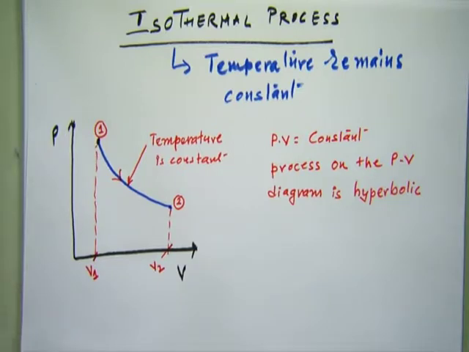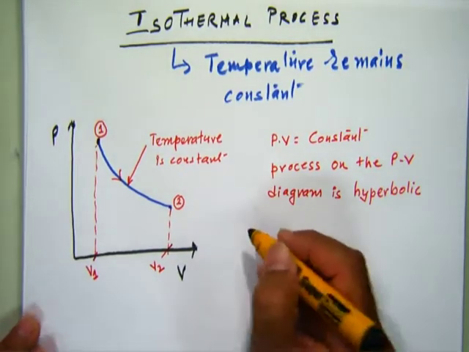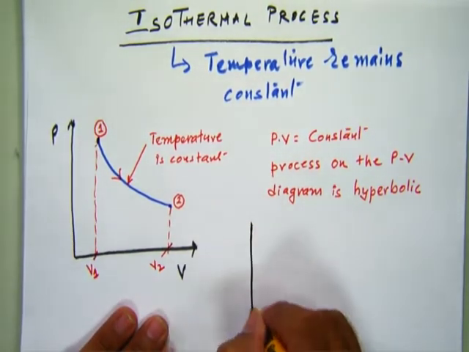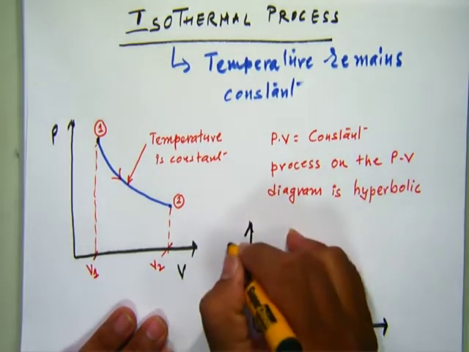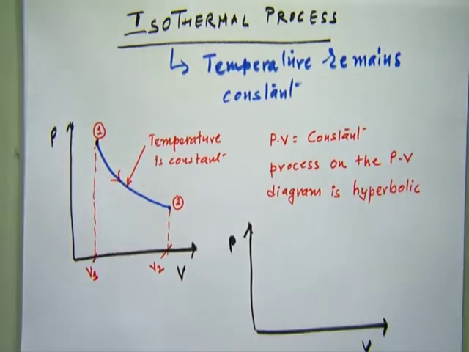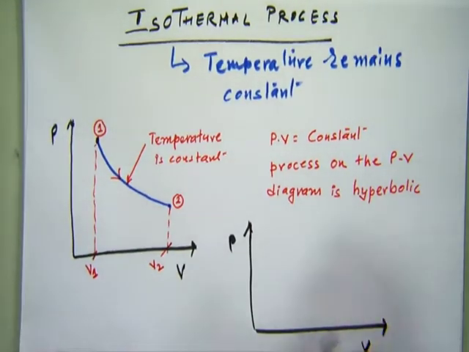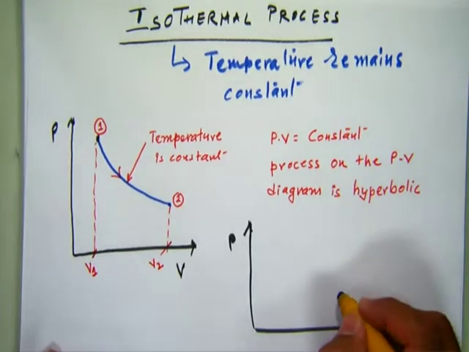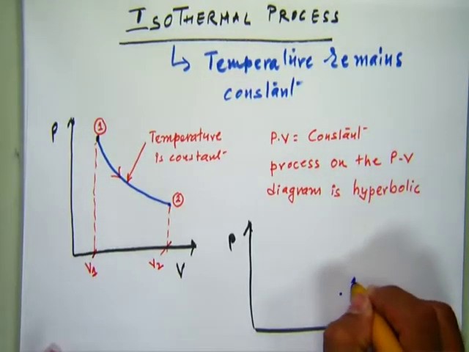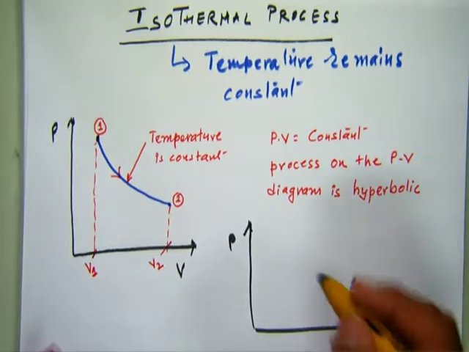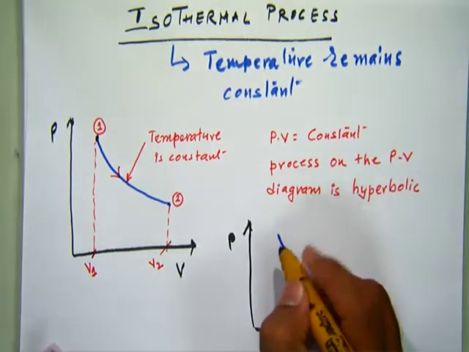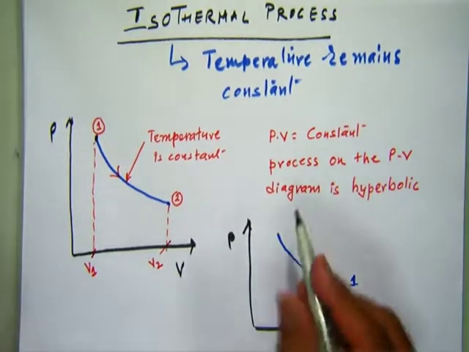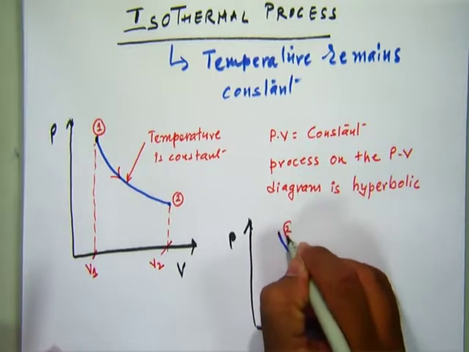Suppose it is compression, the same process on the PV diagram. It starts from point 1 and compression takes place. It goes up to point 2.